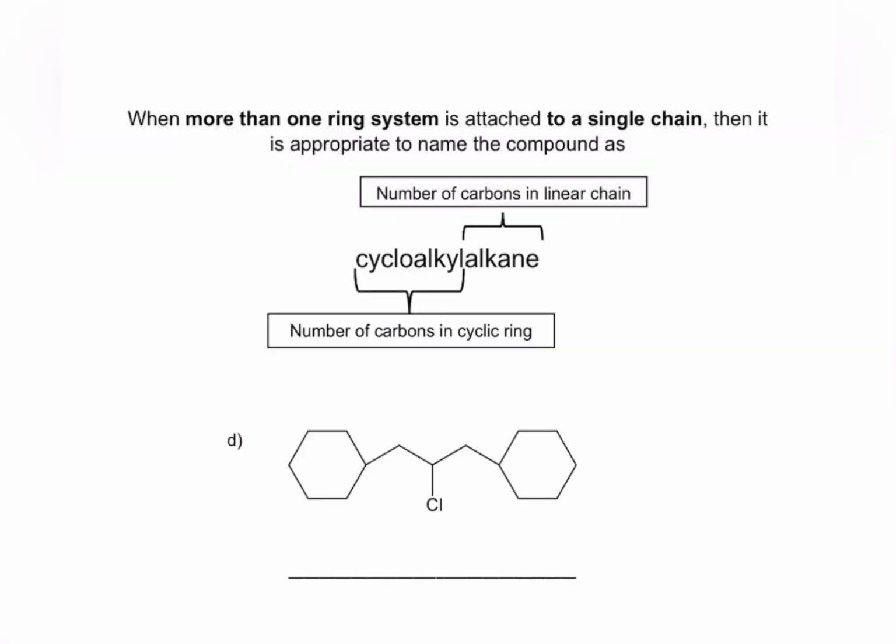Now we go for the last one. When you have more than one ring system, how do you give the name for this structure? In this case, make sure your ring system is the same between two or more of them. So make sure the rings have the same number of carbon atoms.